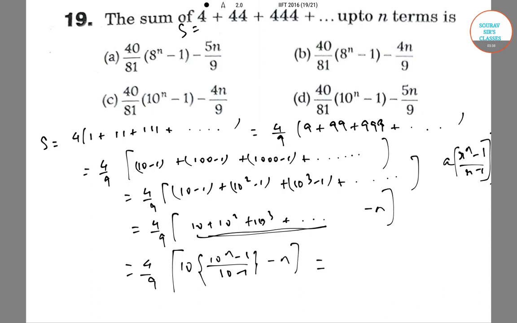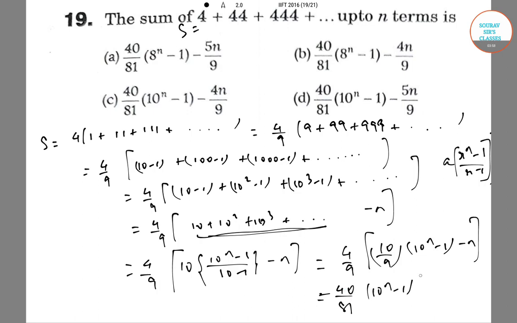So this becomes 4 by 9 into 10 by 9, 10 to the power n minus 1 minus n. So that is 40 by 81, 10 to the power n minus 1 minus 4 by 9n. So the correct option is option C.